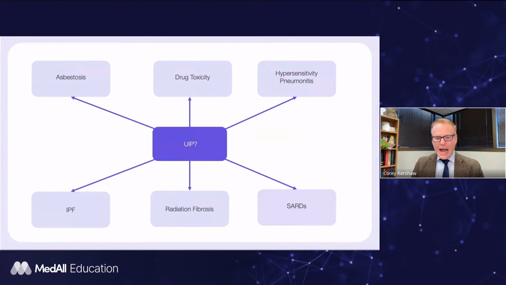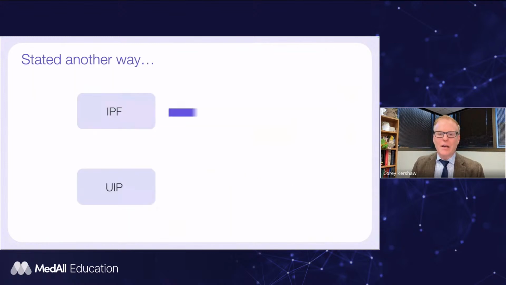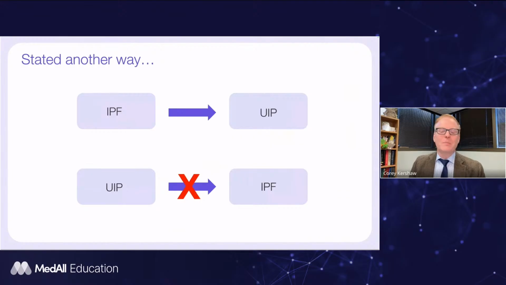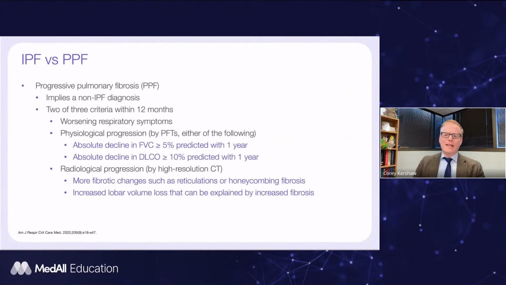So indeed, IPF is UIP without a cause, but UIP does not necessarily equal IPF. So this may answer the question some of you may have, why not just do the HRCT? This is why. Because if they have UIP, but there's a reason for it, that does not equal a diagnosis of IPF.